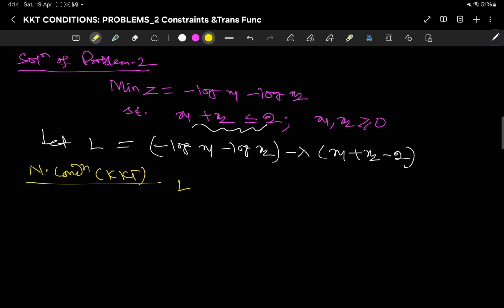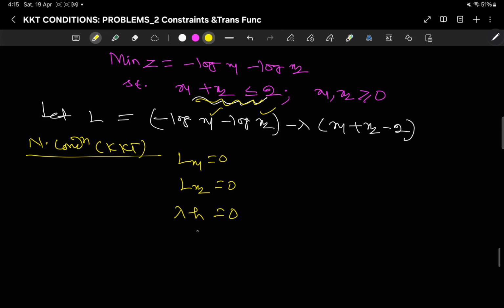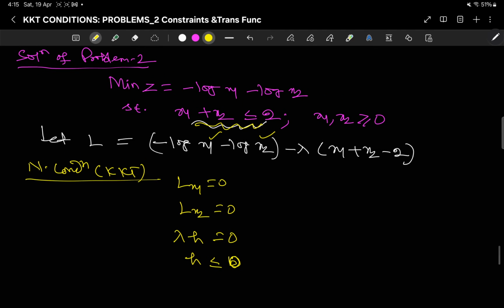Here two decision variables: L_x1 is equal to 0, L_x2 is equal to 0, lambda h is equal to 0, and h less than or equal to 0, meaning g less than or equal to b. What is your L_x1?